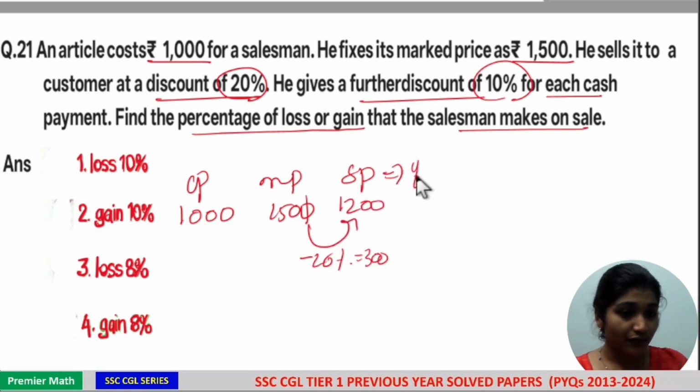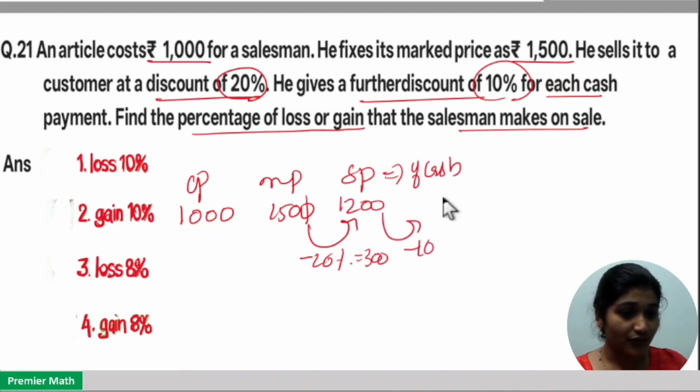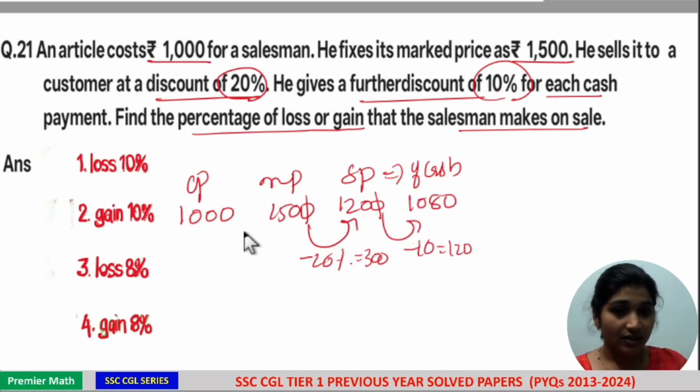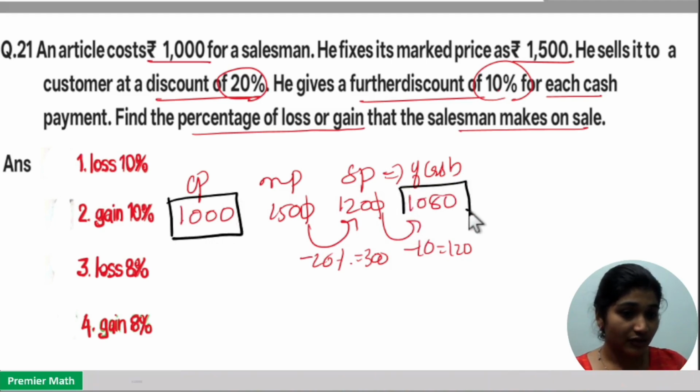Now if the customer gives cash, then he again gives a discount of 10% for cash payment. So 10% of 1200 again is equal to 120. So 1200 minus 120 is equal to 1080, which means here the cost price is 1000, and if it is cash payment, then his sell price is equal to 1080.